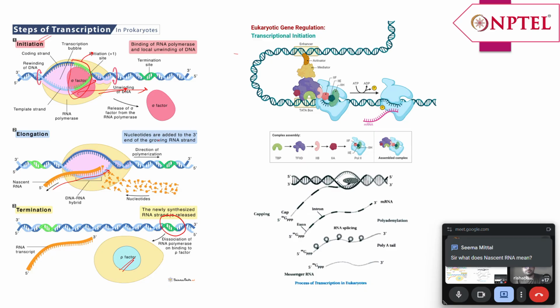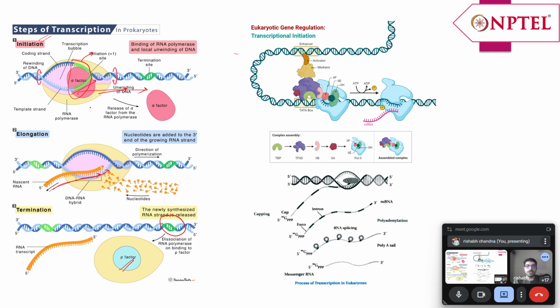Now, nascent RNA. This nascent RNA is basically the RNA that is being formed from the DNA. What happens is there is a thing called abortive initiation.